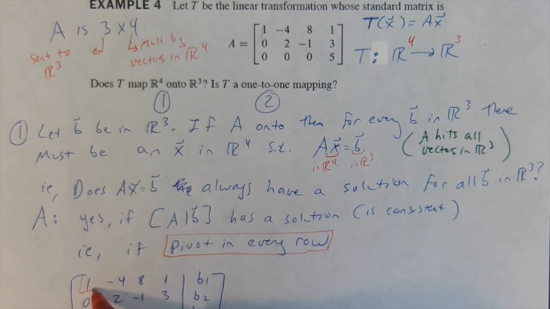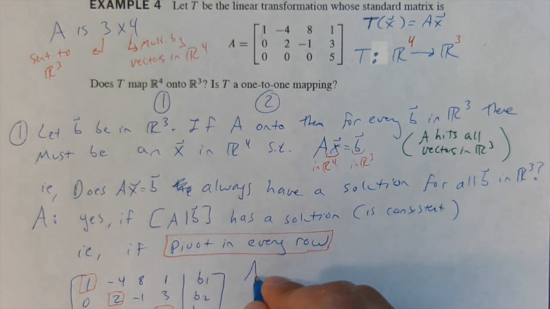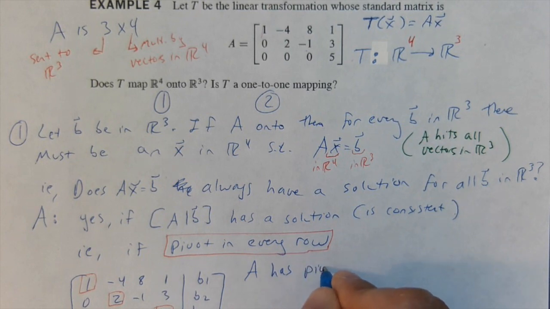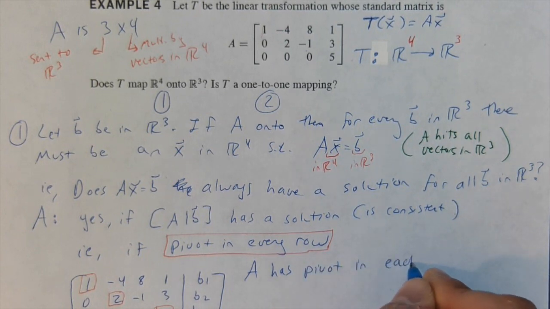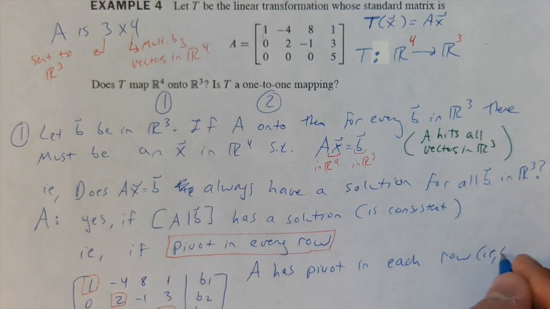And again, there's a pivot in that row, down right, there's a pivot in that row, down right, there's a pivot in that row. And so if I want a solution for this entry, you get it from this pivot, right? If you want a solution from this entry, you get it from this pivot, and if you want a solution for this entry, you get it from this pivot. In other words, it's always consistent, right? You don't have a 0 plus 0 equals not 0, because you have a pivot in every row, and so this transformation is onto. So A has a pivot in each row, i.e. it's consistent.